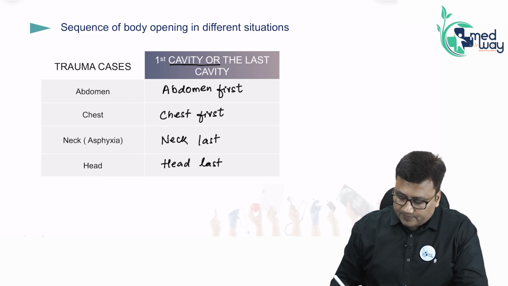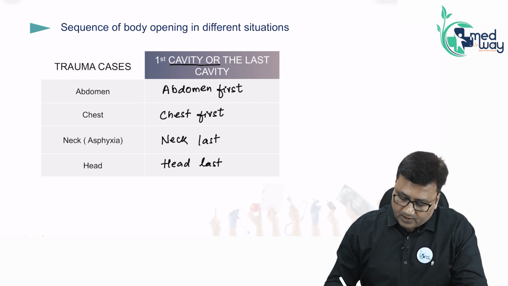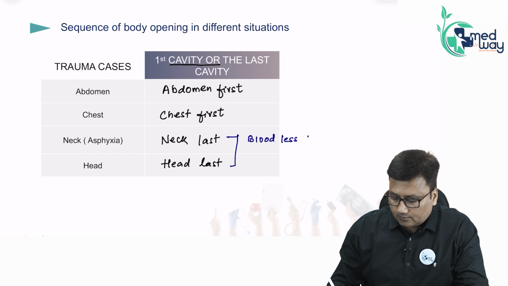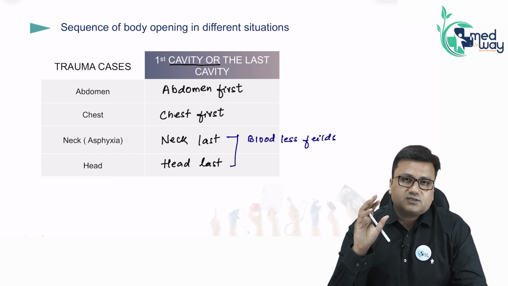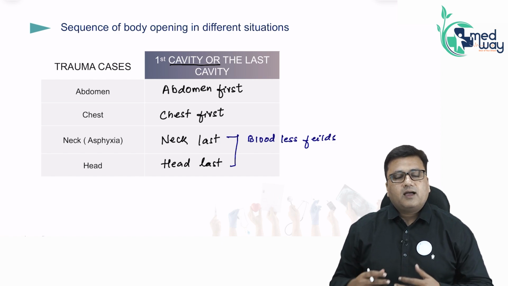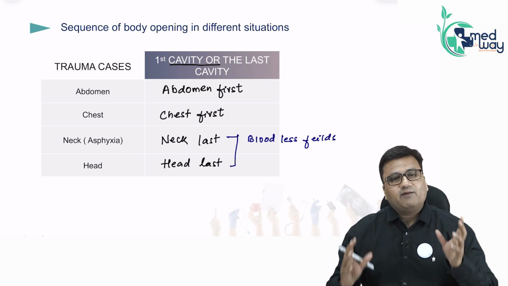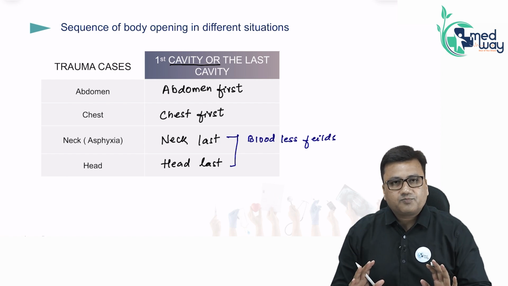Because if we are expecting the cause of death to be in the neck or the head, we want bloodless fields when we open these structures. So, we open the thorax and the abdomen first, then we open the head, and we open the neck last. So, relatively, whatever is in the neck becomes bloodless. Okay.